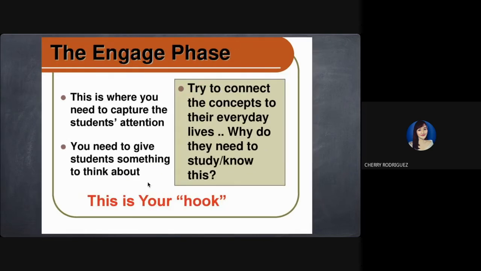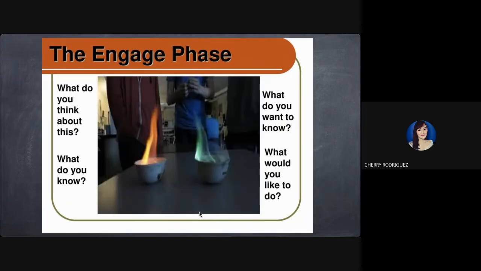And then on the engage phase, this is where we need to capture the learners' attention, right? So this is the hook part. You try to connect the concepts to their everyday lives. Why do the students need to study it or know about that concept? And then in this engage phase, we could have a virtual experiment, since we are dealing with the pandemic situation, or even when we had face-to-face, we could have group activities assigned to them.